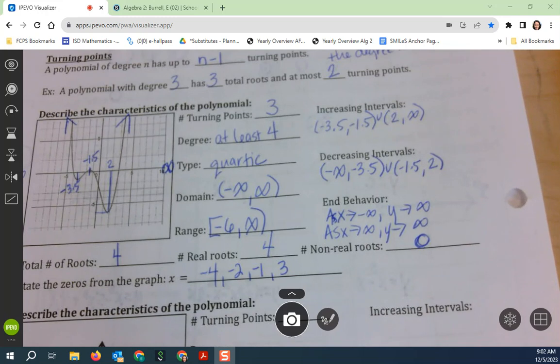Yes. Not technically, but it's good practice because you're just listing them.